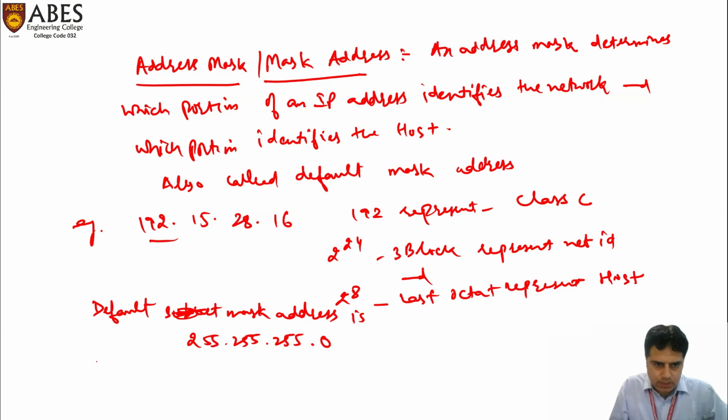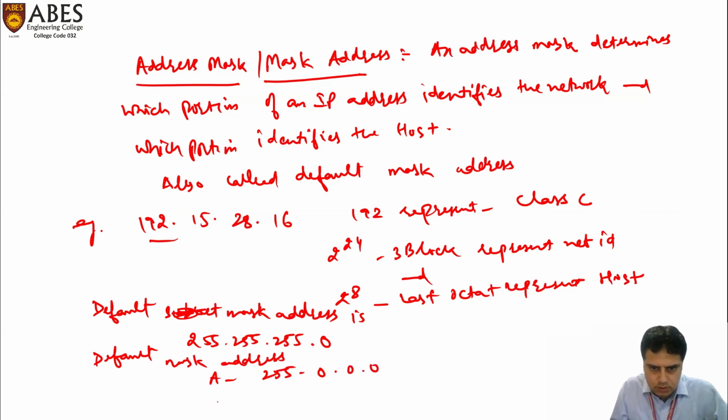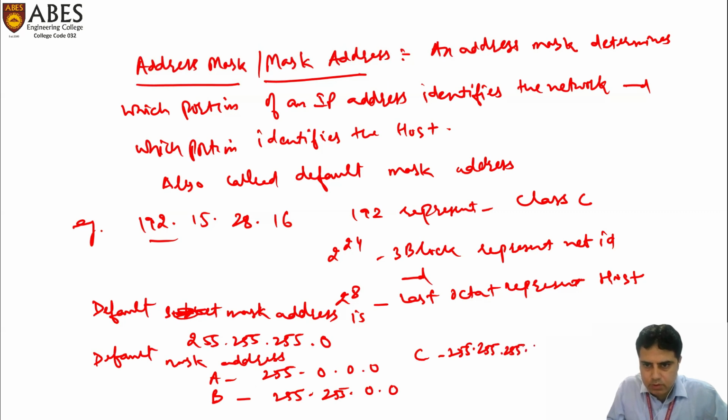The default mask address for class A is 255.0.0.0. For class B, 255.255.0.0. For class C, it is 255.255.255.0.